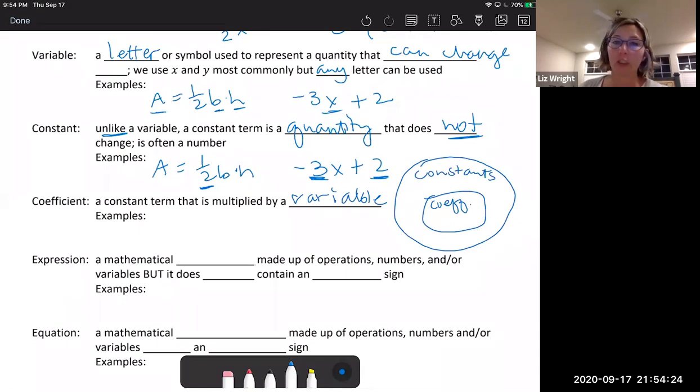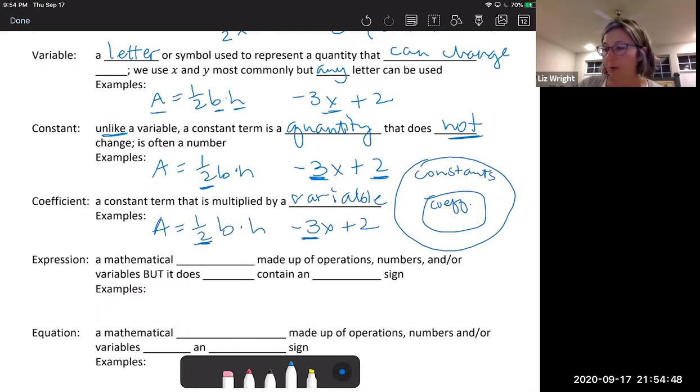And so a coefficient just becomes a smaller basket, and it's a type of constant term. So even if we just keep on with this, area equals 1/2 base times height, the 1/2 would be considered a coefficient. And if we went -3x plus 2, the -3 would be considered a coefficient for that.